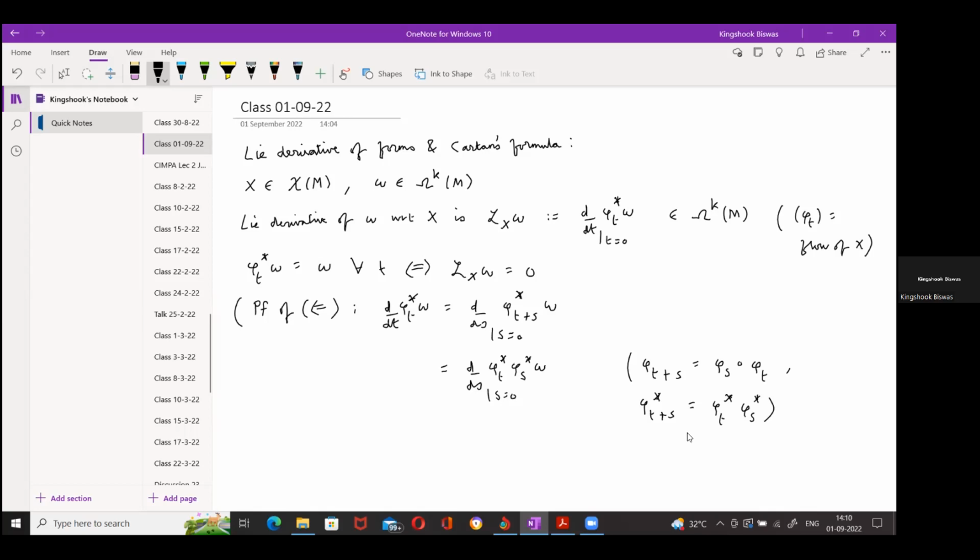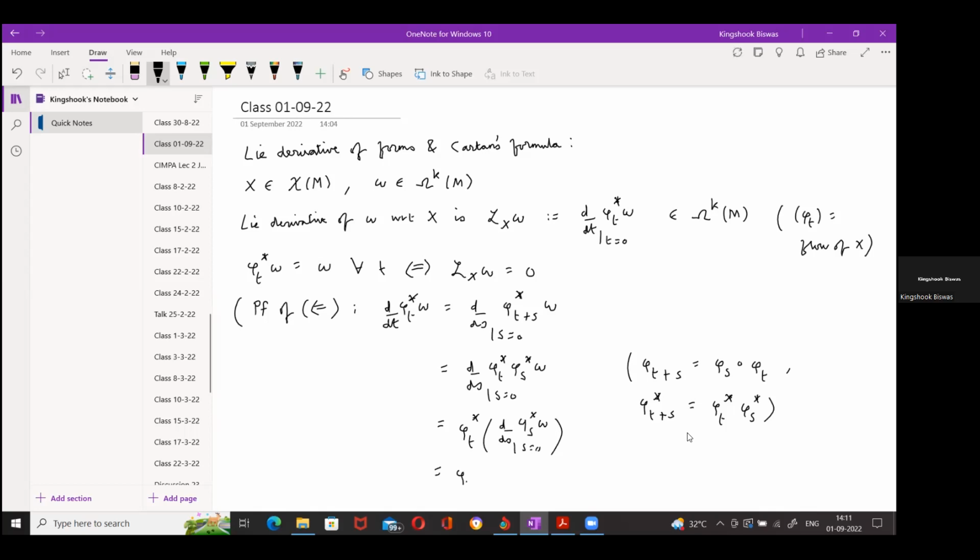And now pullback is linear. Phi_t star, this t is fixed, s is varying. So phi_t star is a fixed linear operator. So you can pull it out of the derivative, right? Because it's linear. So this will become phi_t star of d/ds at s equal to 0 of phi_s star omega. And what's inside is just the Lie derivative, right?